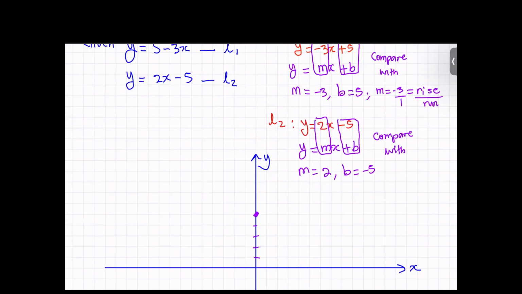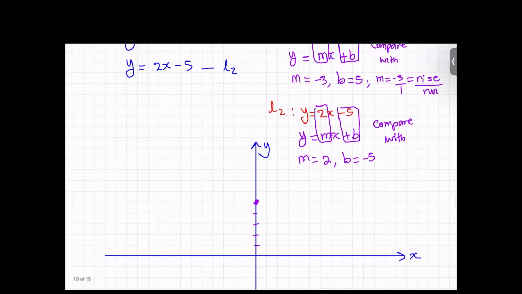I know it's contradictory when we say rise is negative 3, because negative is supposed to be down. Rise means something rising up, but in this case, because it's negative, we're going down. So we count down by 3 and then run 1.